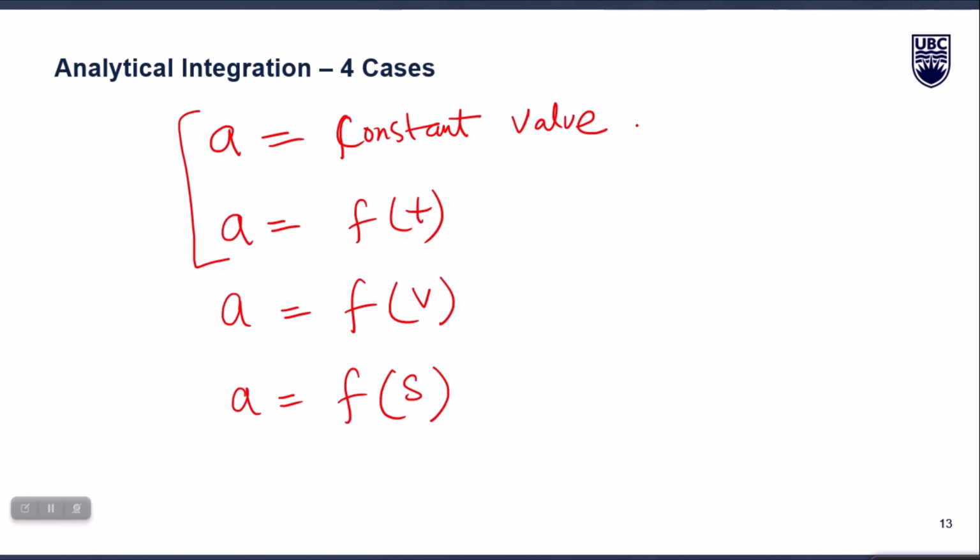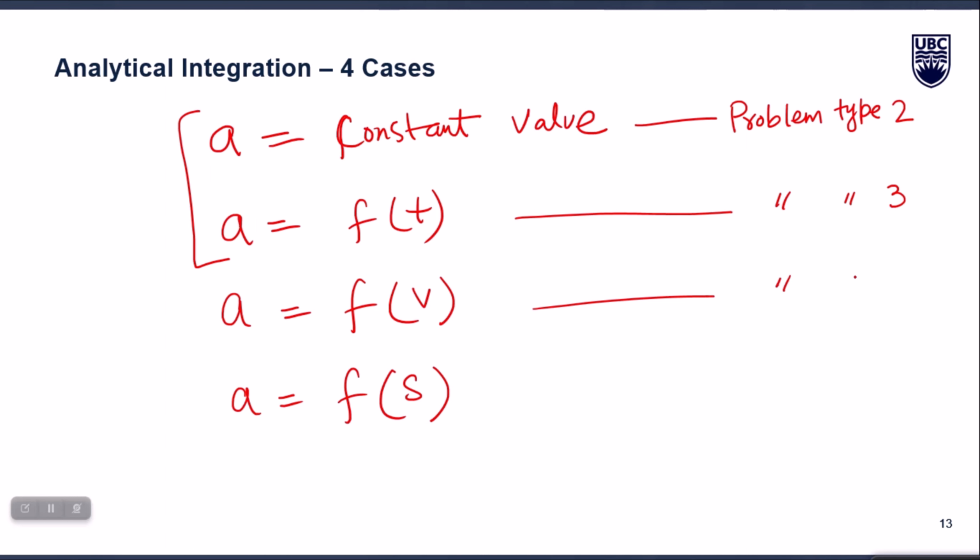So I called this case problem type 2, continuing the same problem types from the previous topic. Then it can be problem type 3, similarly problem type 4 and problem type 5.